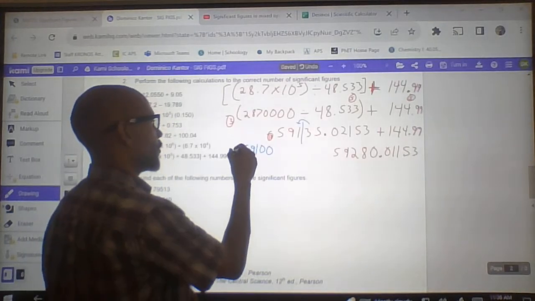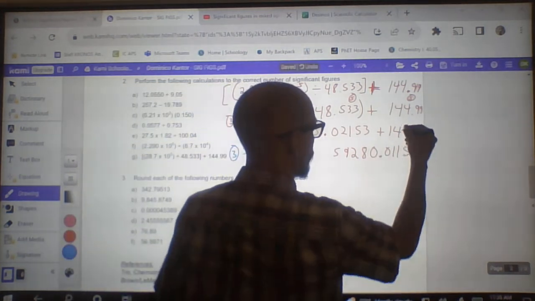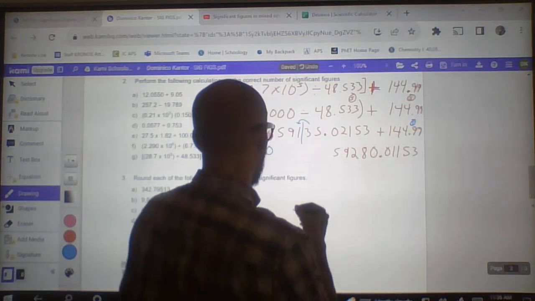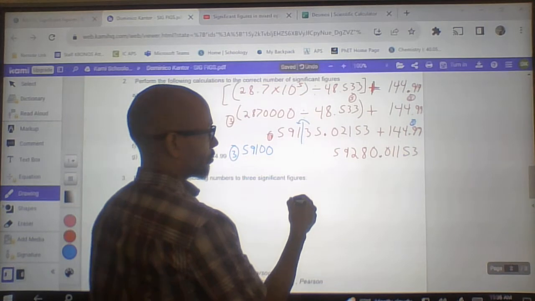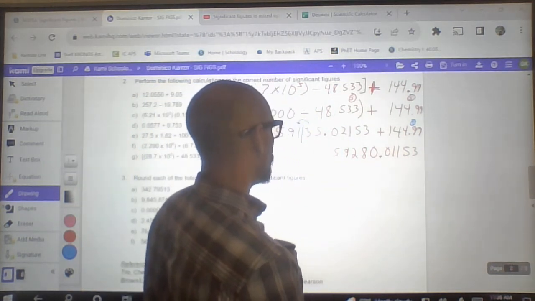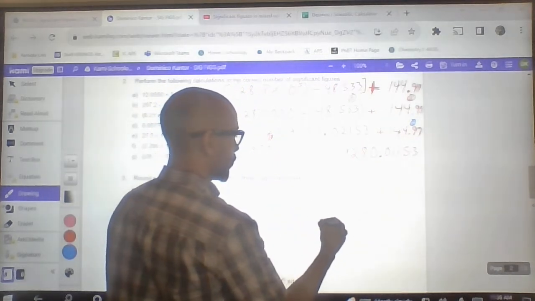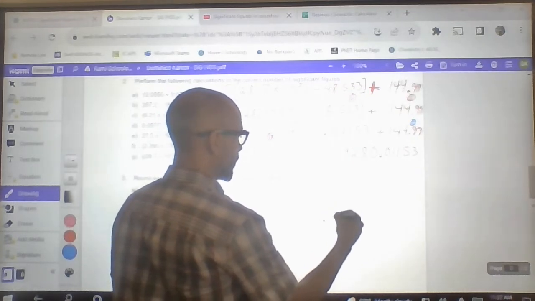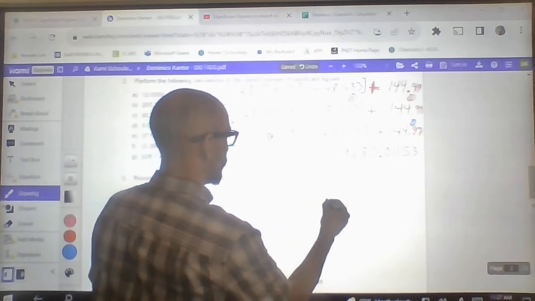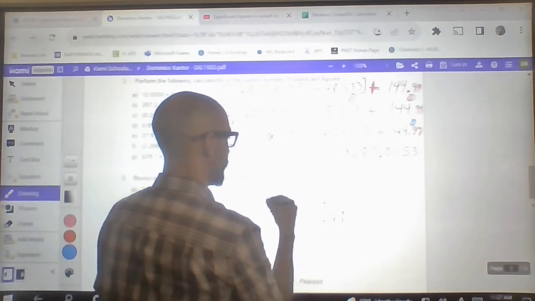Now we have 3 significant figures, and over here we have 5, but we need to line up the decimal on this one because it's going to be addition. So if I were adding up the 4, 99, and my decimal would have been here, 0, 0, 1, 9, 5.